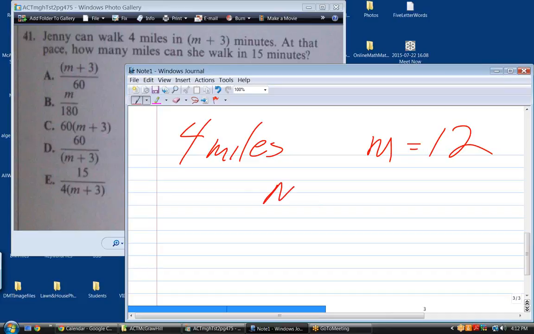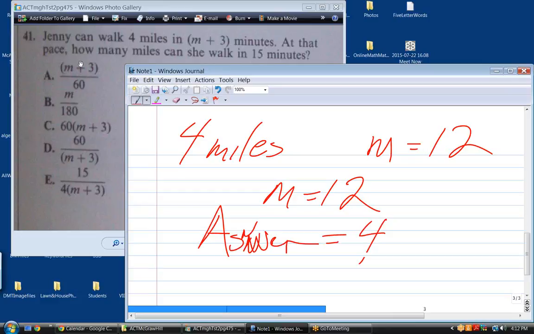So when m equals 12, the answer has to be 4. Well, if we go through all of these same answers, notice that when m is 12, that's 4. And that's the only thing that is 4 when m is 12. Everything else is different than 4.